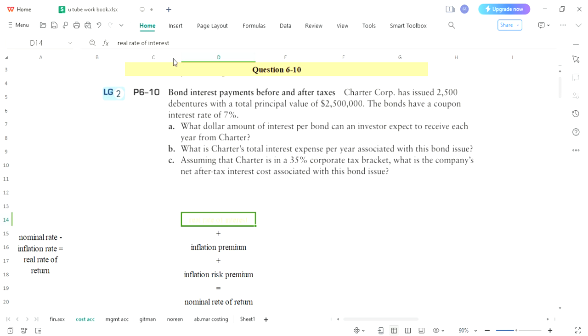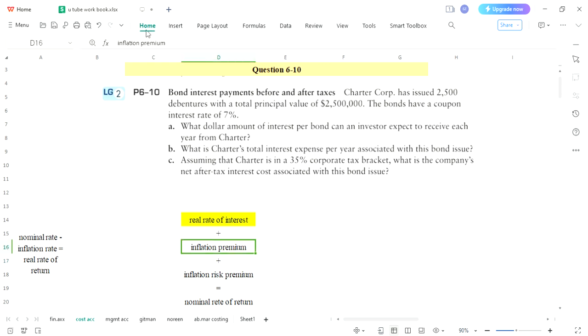First, real rate. Let me change its color. The first thing which you have is your real rate. This is a different thing, and then you will add inflation premium.